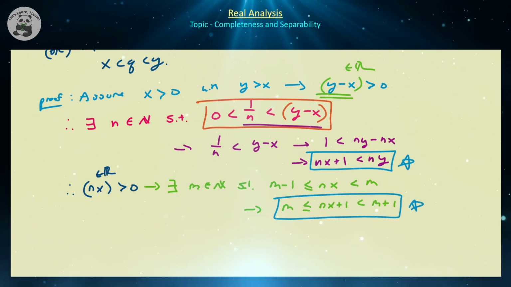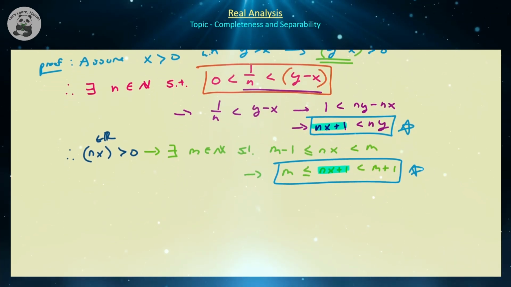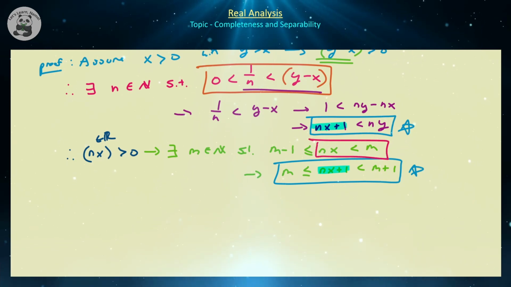Now notice that we have a couple things going on here. In particular, I have nx plus 1 is less than ny, and nx plus 1 is greater than m. So if I combine all of these inequalities together, what exactly will I have? Keep in mind, if I subtract 1 from both of these sides, we also have that nx is less than m.